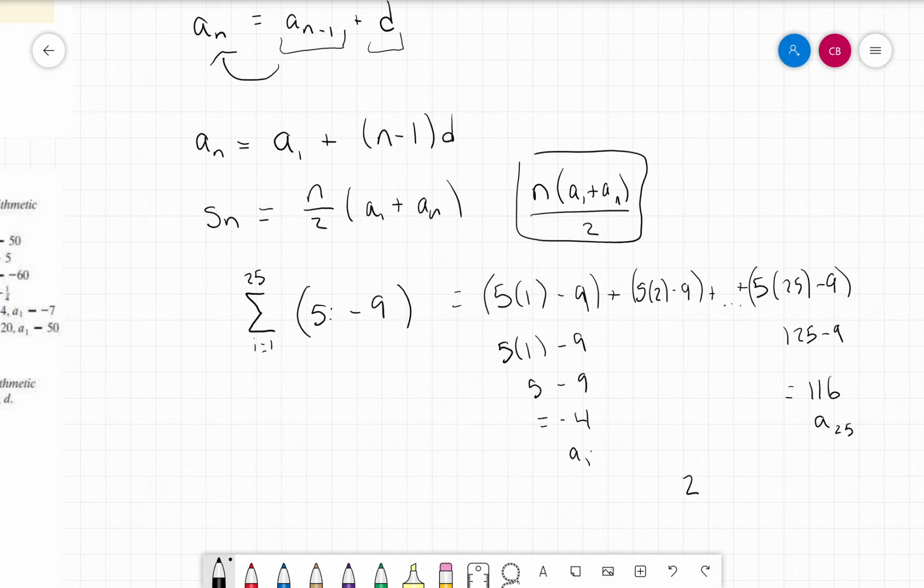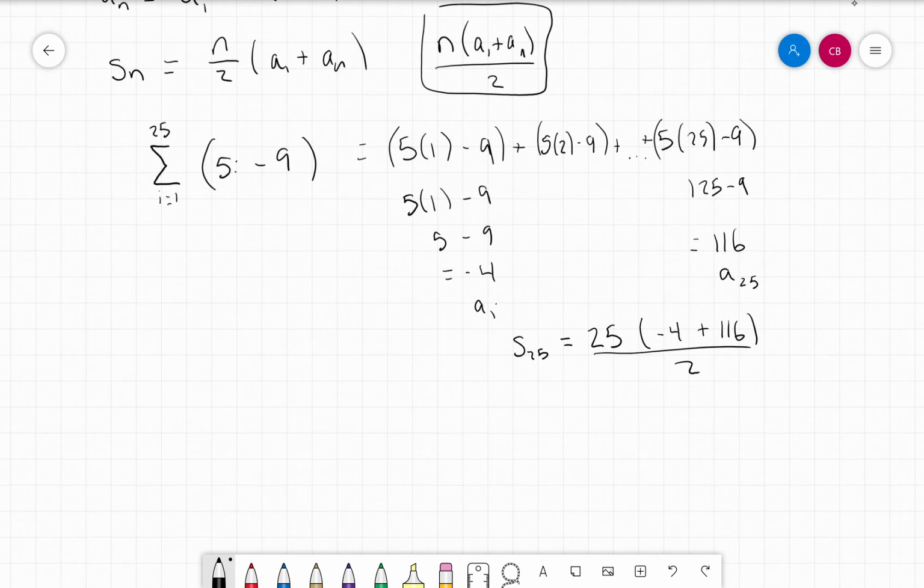So if n is 25, S_25 is equal to 25 times (negative 4 plus 116) over 2, which is 25 times 112 over 2, which is 25 times 56.